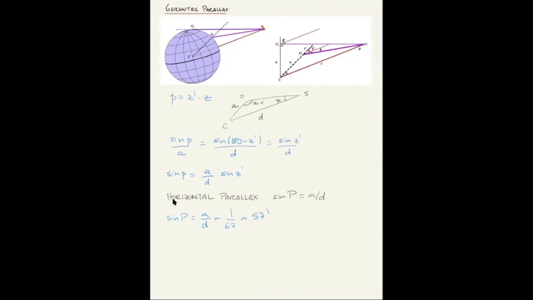Now the parallax for an arbitrary zenithal distance Z prime, you can simply write as sine of little p, the parallax, is equal to sine of big P, the horizontal parallax, times the sine of Z prime. Now, if both p and big P are small angles, as a parallax usually is, then we can approximate sine P by P, and then this becomes p is approximately big P times sine of Z prime, where the horizontal parallax is the radius of the Earth over the distance to the object.